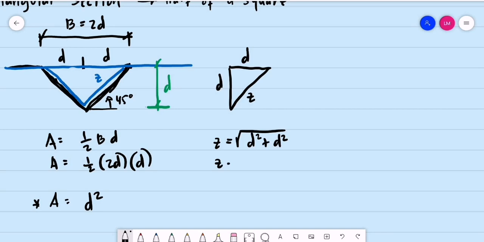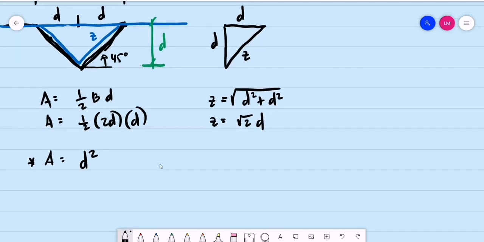So we have the equivalent of Z is simply the square root of 2 multiplied by D. So how do we compute for the wetted perimeter? Its wetted perimeter is simply equal to twice of Z. As you can see on our figure, we have two sloping sides. So the equivalent of the wetted perimeter is twice of the square root of 2 multiplied by the depth. Or simply, we have 2 square root of 2 of the depth. This is our wetted perimeter.